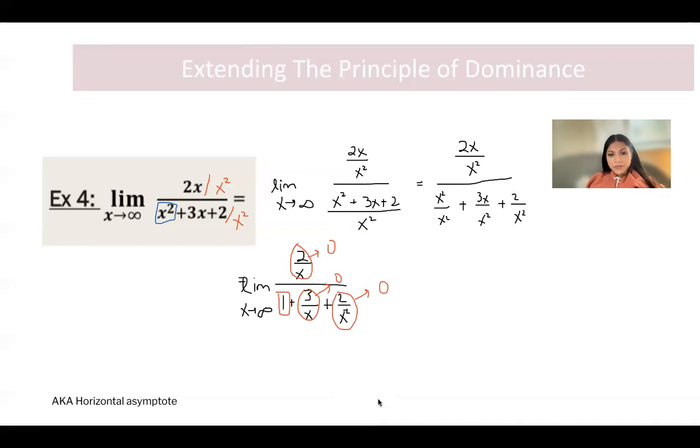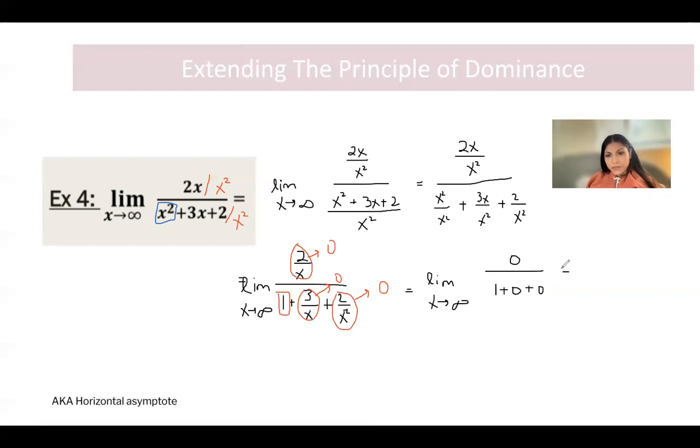So essentially what this becomes is equal to the limit as x approaches infinity of 0 on top, over 1 plus 0 plus 0.